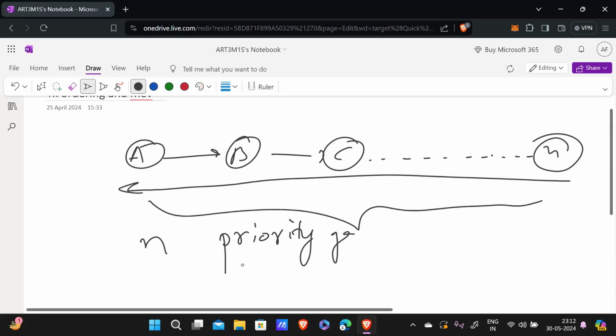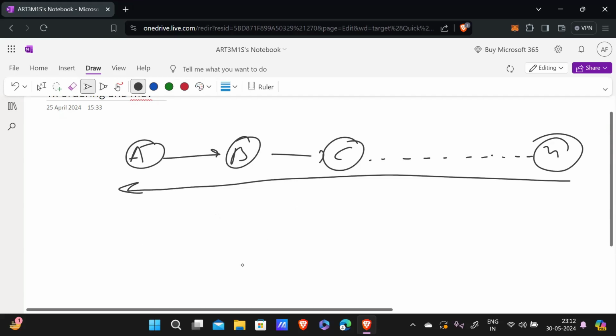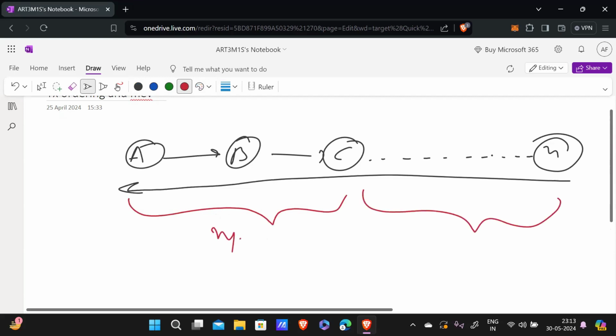Now, after I've selected these n transactions, I'll order them recursively for most bandwidth efficiency. I just break it into two parts, n by two and n by two transactions. So this is a divide and conquer algorithm.